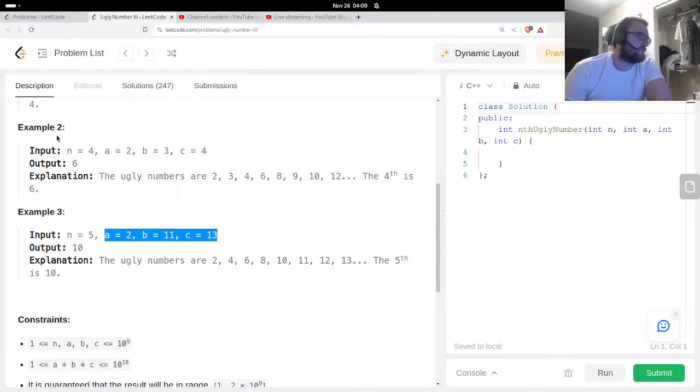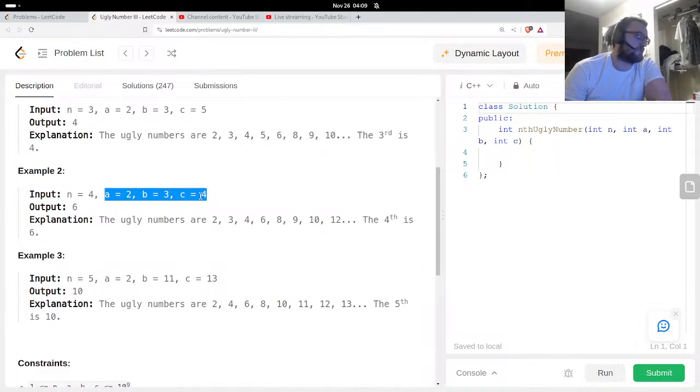You can count the number of multiples of these three numbers using the inclusion-exclusion principle. And the nth number is basically just going to be a number such that there are n minus 1 numbers that are smaller. That number is a multiple of these things, and there are n minus 1 of those numbers that are smaller.